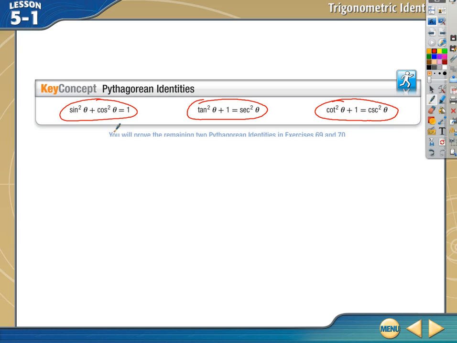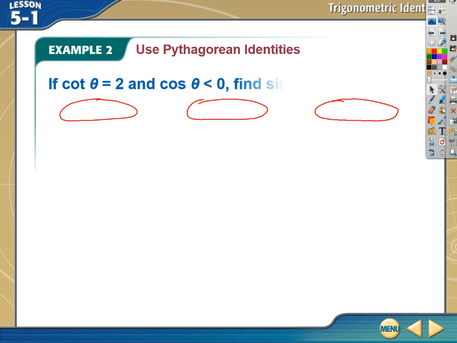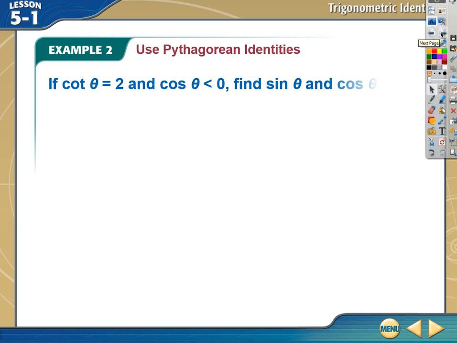Okay? So here we go. How can they make us do identities with this? Let's find out. It says cotangent theta is equal to 2 and cosine of theta is less than 0. Find sine and cosine of theta. All right. This is where we get a little bit creative. So they're giving me some information. They want me to find sine and cosine.